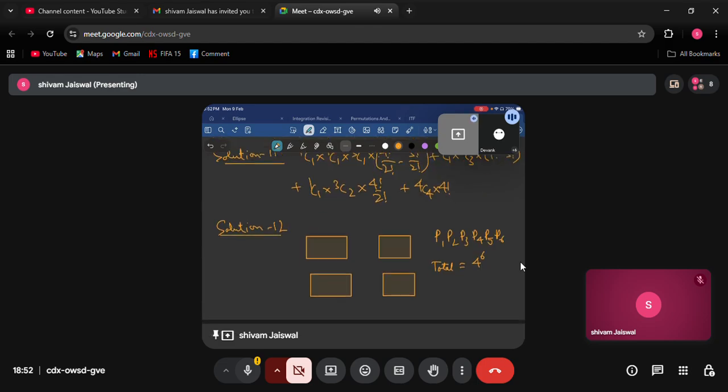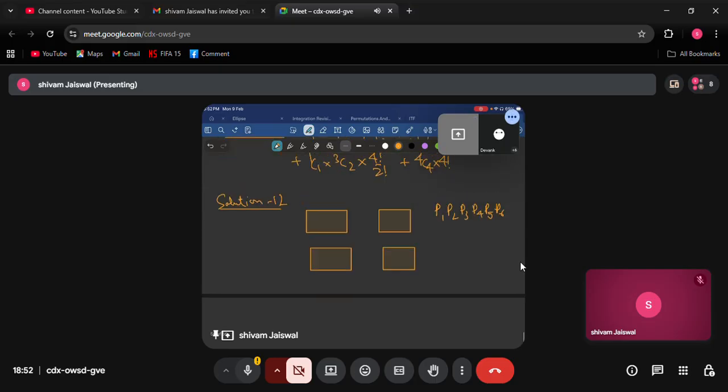At least one person and at most two persons. What is the number of ways? No, no, not like this. Like this. What you do is, first of all, you select 4 persons, okay?